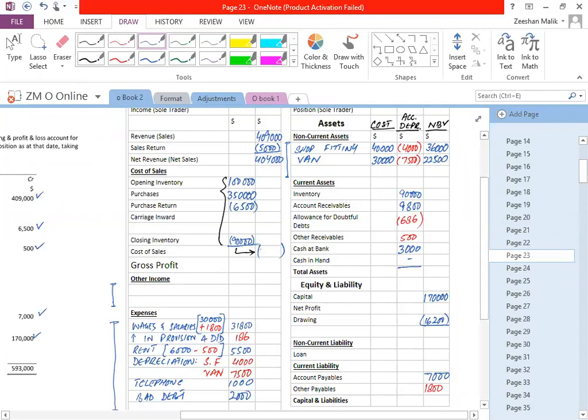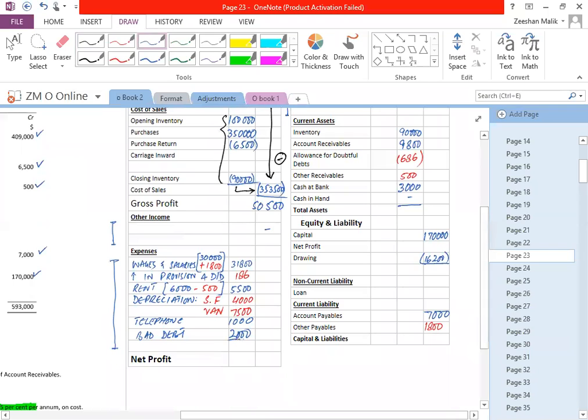Everybody perform the calculations. 353,500. What to do next? Subtract from here. 404,000 minus cost of sales. It gives you gross profit 50500. There is no other income.